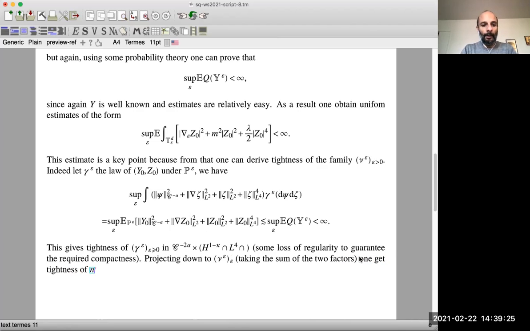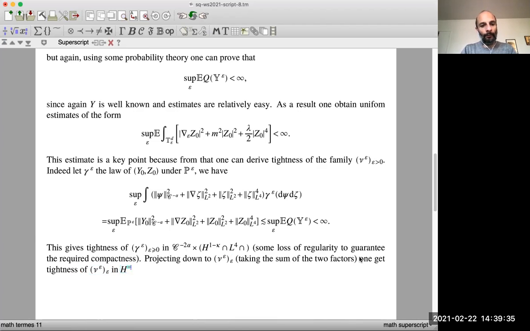Now you have to be careful where it's tight, nu epsilon. And you have tightness in, for example, H minus 1/2. Okay, so this is like B_{2,2} minus 1/2.